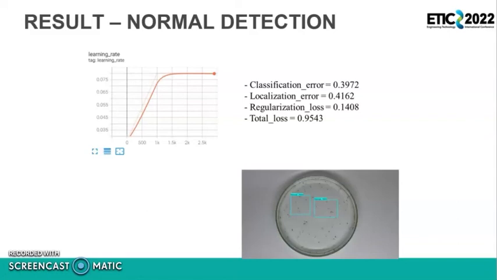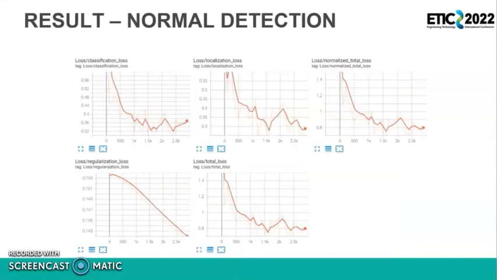The hyperparameters for this project are 0.015 for the learning rate and 4K training steps. So this is the result for the classification loss, localization loss, normalized total loss, regularization, and also the total loss for the normal detection.